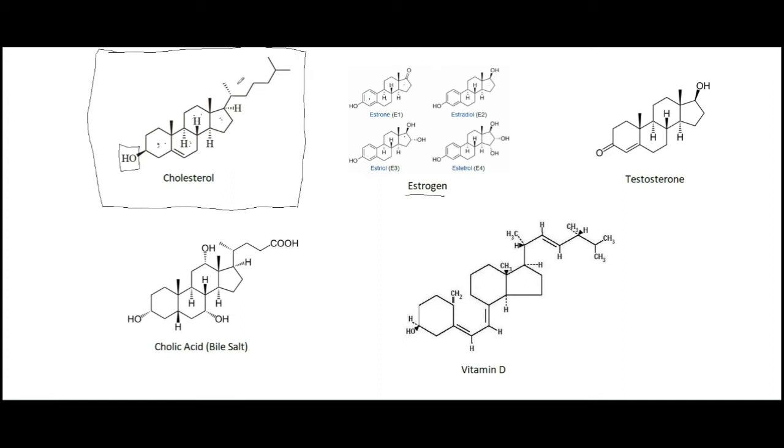But this hydrocarbon chain up here is substituted out for some oxygens, and this right here, we have these double bonds added to this 6-carbon ring, so that gives it different properties as well. And then testosterone, the same thing. So we have the OH here substituted for a double bond oxygen.